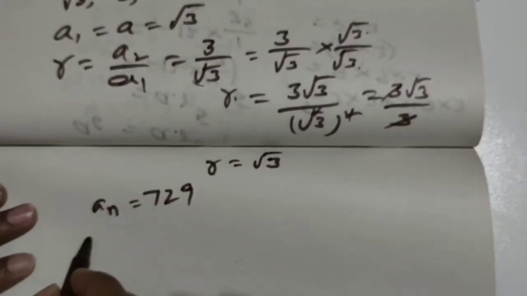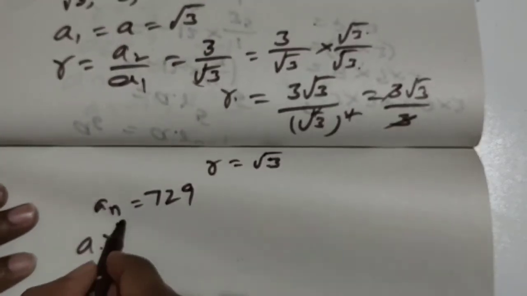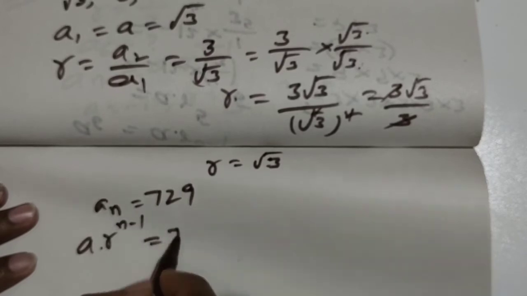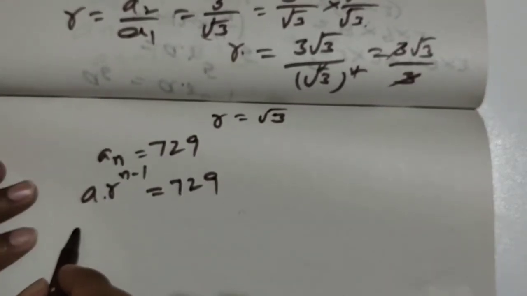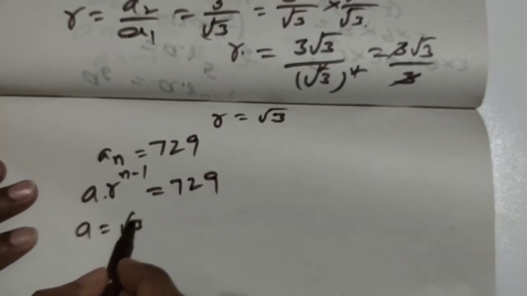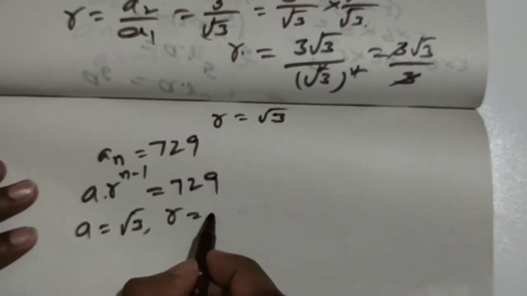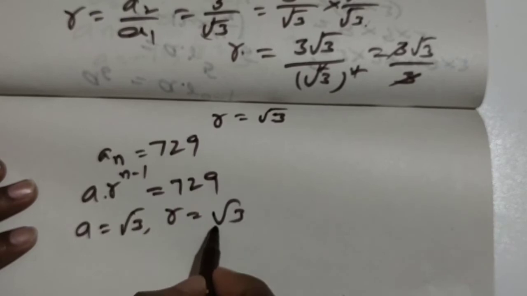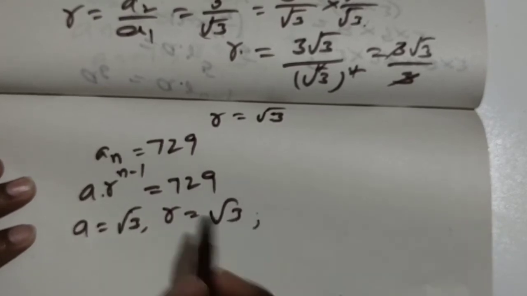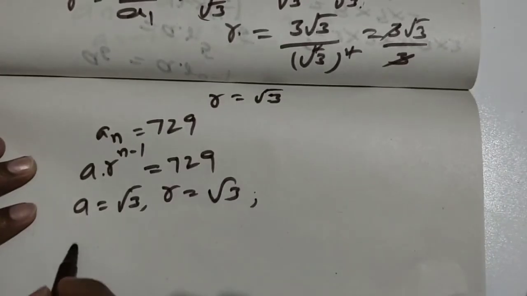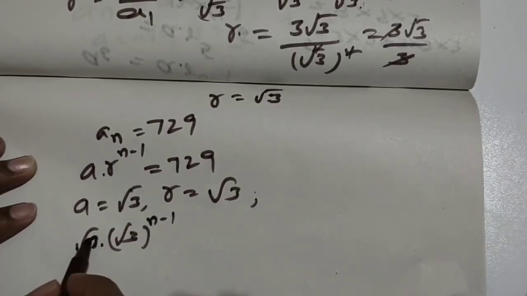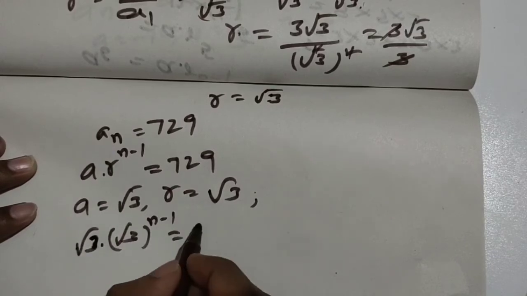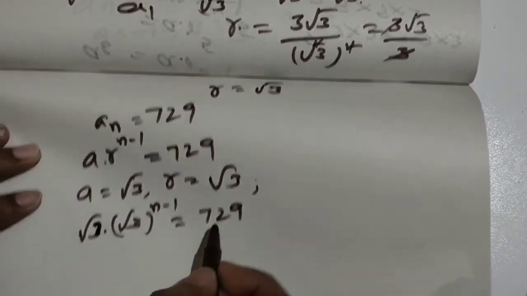Now the An formula A into R to the power of n minus 1 is 729. Now here the A value we have root 3 and the R value also root 3. So by substituting we get root 3 into root 3 power n minus 1 is equal to 729.